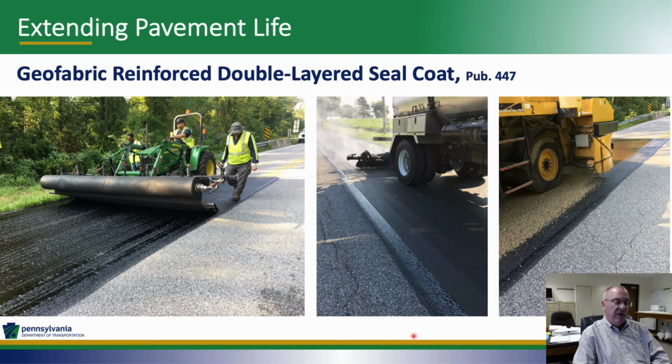On the photo on the right hand side, we see the contractor applying the chips. This Geofabric Reinforced Double Layer Seal Coat is an approved product now by PennDOT. You can use liquid fuels funds to pay for it, and it's another way to extend your pavement life.